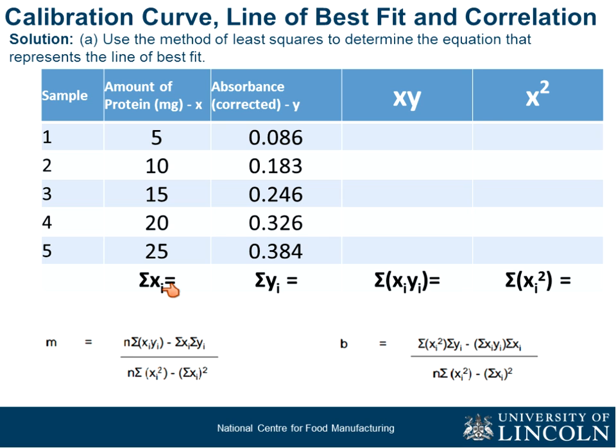Summation of X is this, and summation of Y is this. Then your summation of X square is this. And then your summation of X, which is this, the square of that is this.